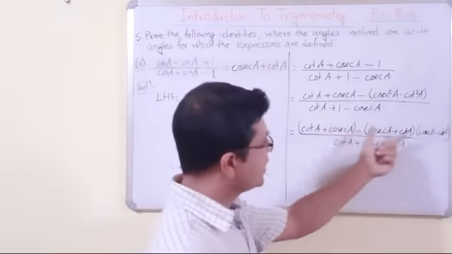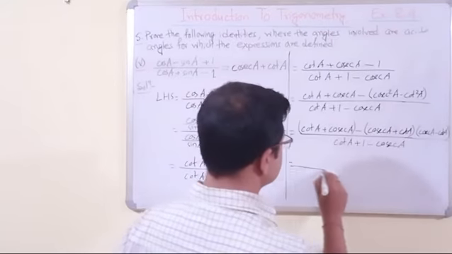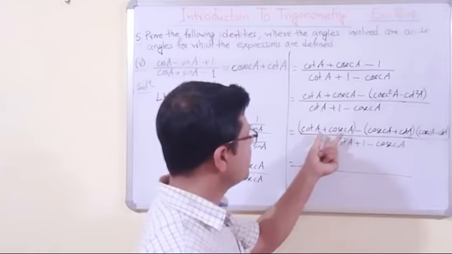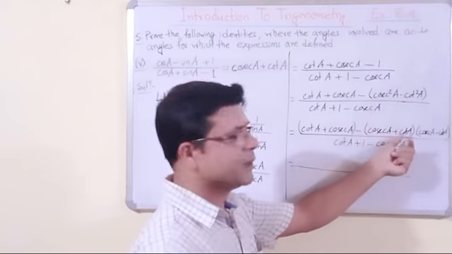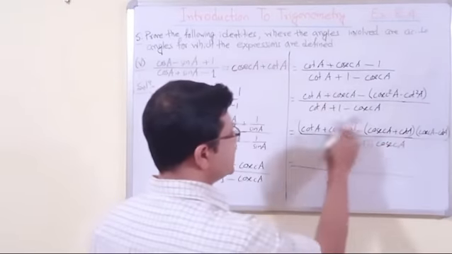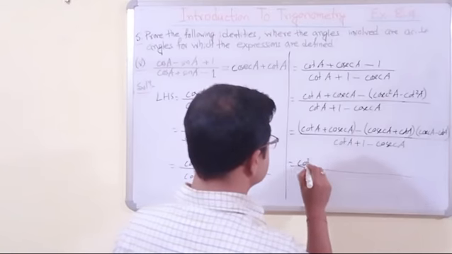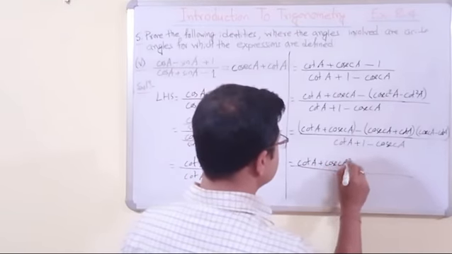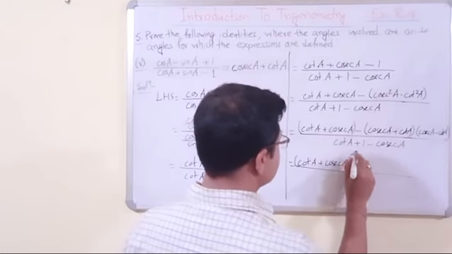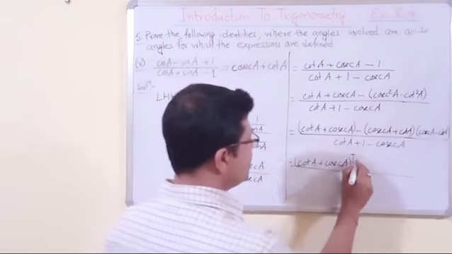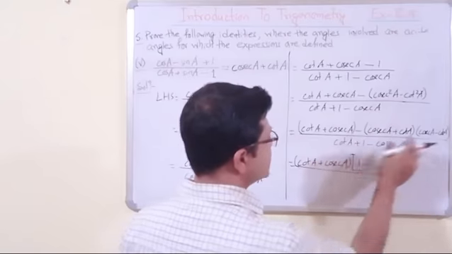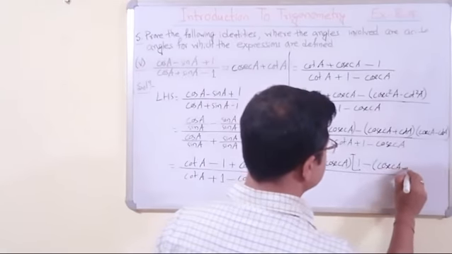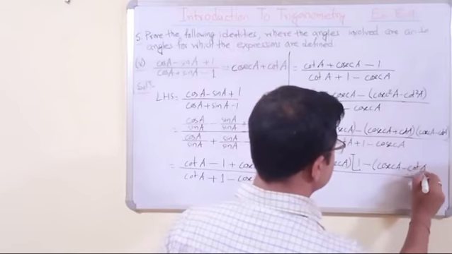If you observe carefully, is anything common? This cot a plus cosec a, and it is cosec a plus cot a. It is same thing. So let us take this as common. This is cot a plus cosec a taken common, so 1 will be left, minus cosec a minus cot a.